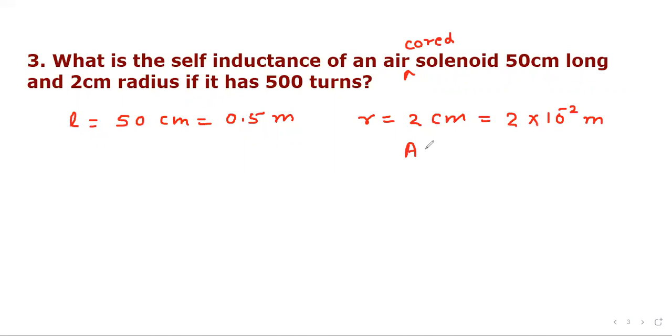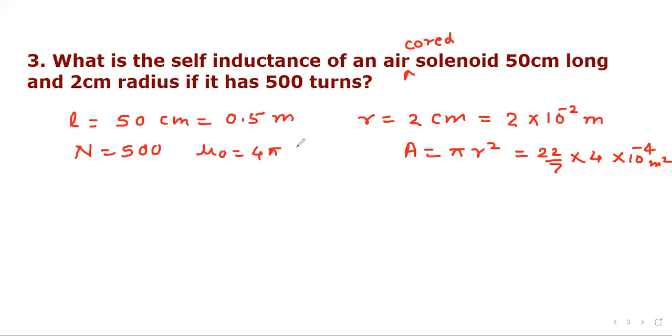So from here we can find the area of the turn, pi r square, that is 22 by 7 into 2 squared, 4, 10 power minus 4 meters square. Now we are given number of turns n equal to 500, and we know that mu 0 is 4 pi into 10 to the power minus 7 Tesla meter per ampere.